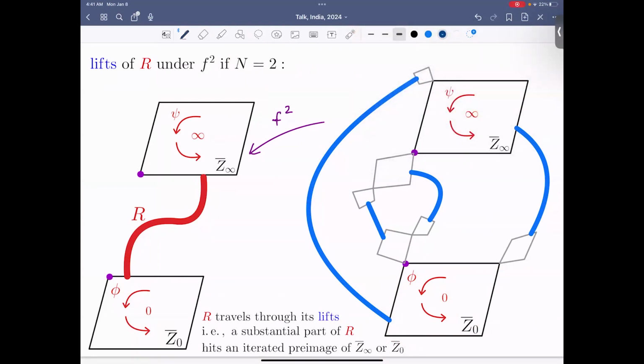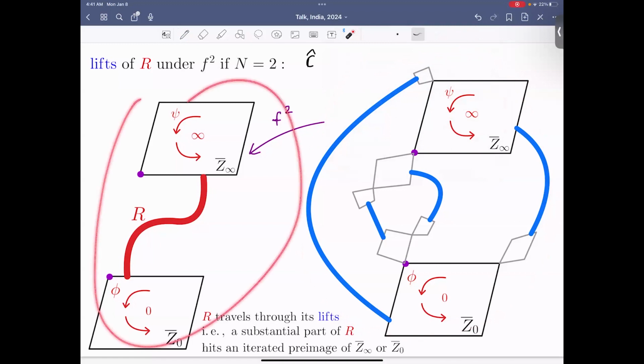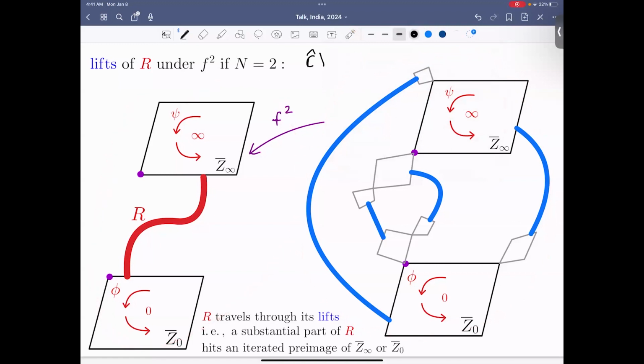Now we can look next at how the surface here embeds here. Namely, we look at how this embeds into C hat minus the node plus the infinity.